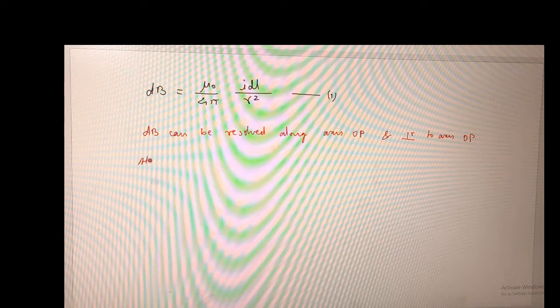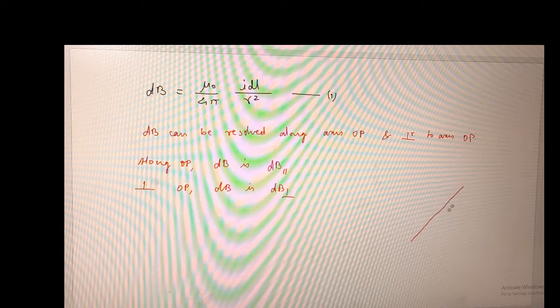Along OP, the component is dB parallel, right? Perpendicular to OP, the dB component is dB perpendicular, right? This is what I have taken.